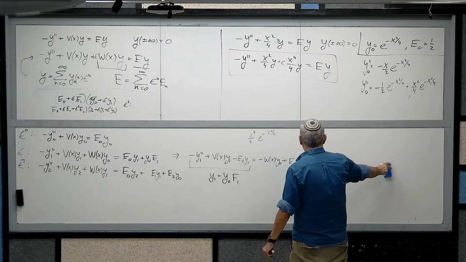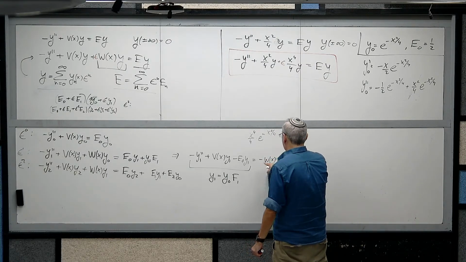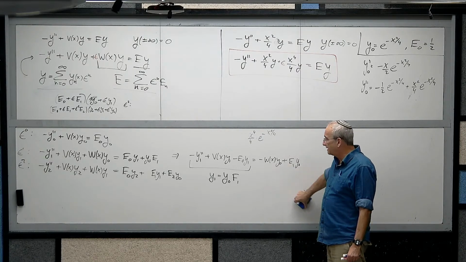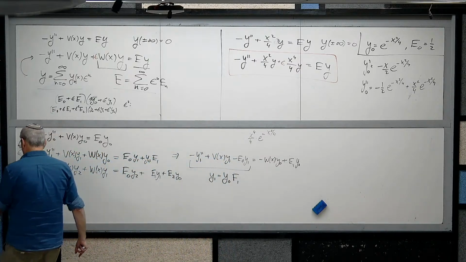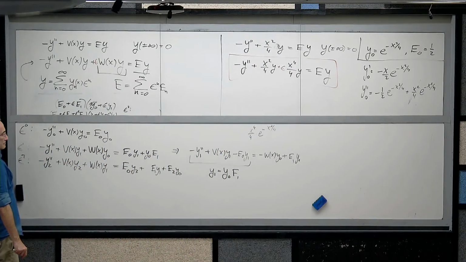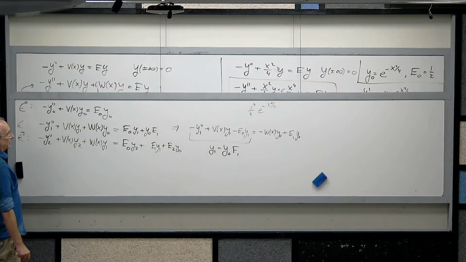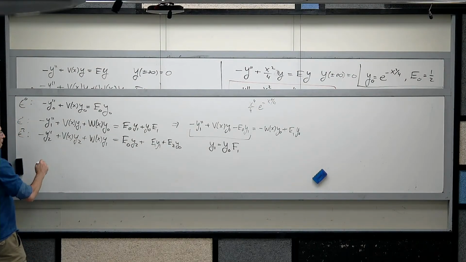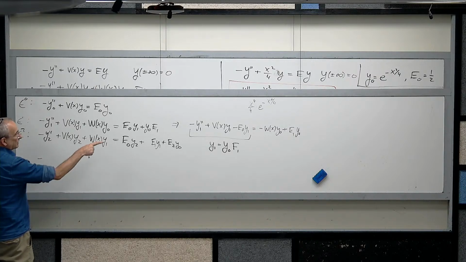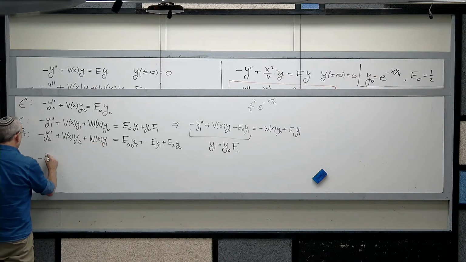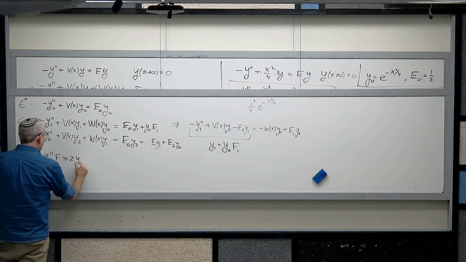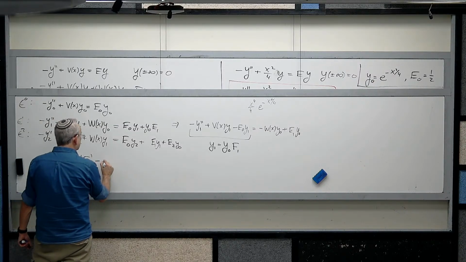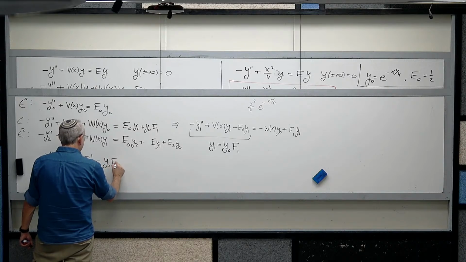Okay, let's plug it into this equation. What are we going to get? I have to take the double prime of y1. So it will be y naught double prime f1, plus 2 y naught prime f1 prime, plus y naught f1 double prime.